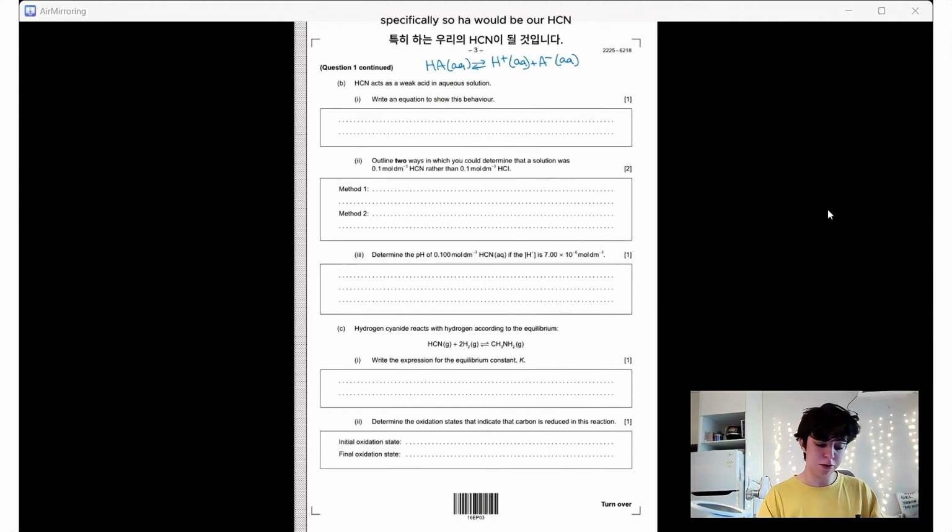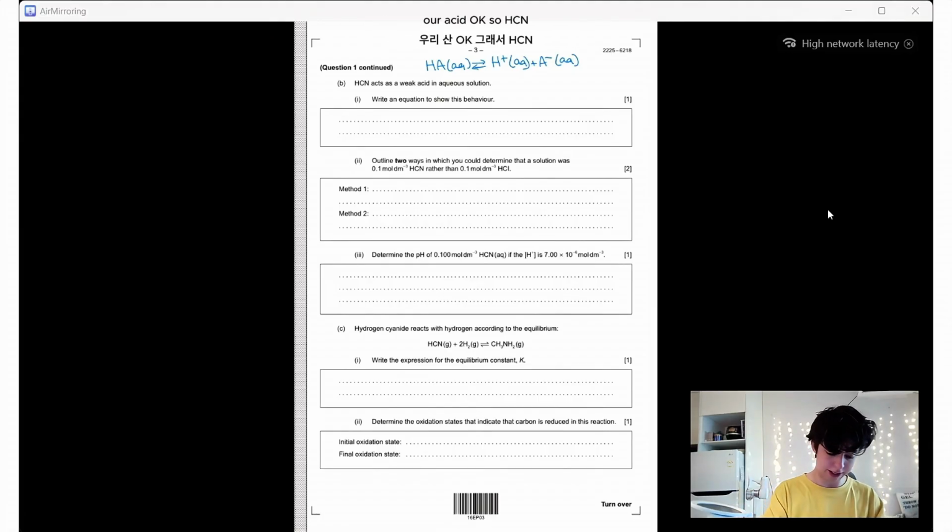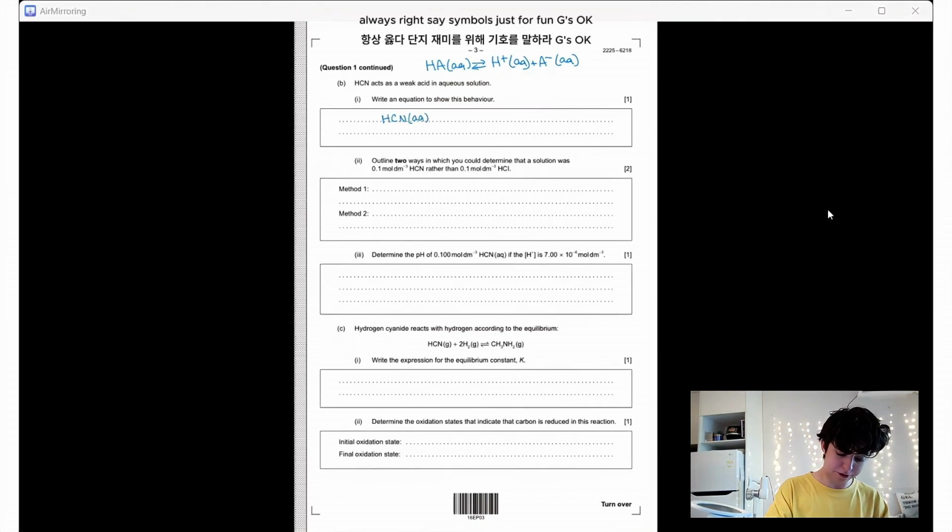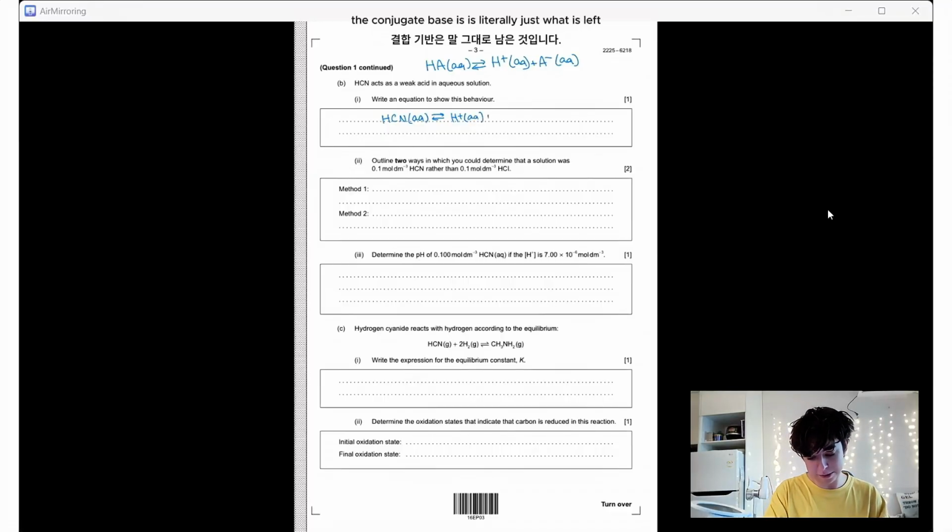HA would be our HCN, our acid. It dissociates into the proton, and if you don't remember what the conjugate base is, it's literally just what is left after you take away the H, the CN. It has to be minus because it's the ion.